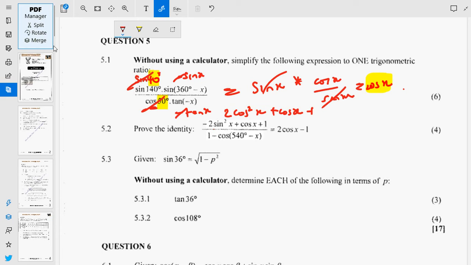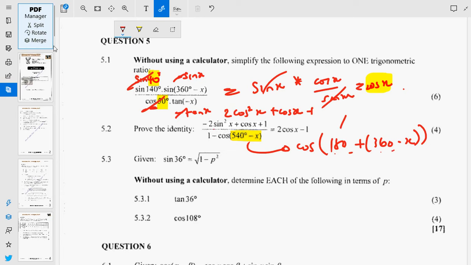And if you look at the bottom, now some people may be thrown by this 540 minus x. But if you write this as cos of 180 plus 360 minus x, do you agree with me that it's still the same thing? So 180 plus 360 is still 540 minus x.